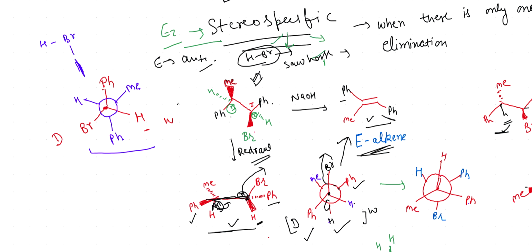So this is your upward direction, which represents the solid line. This is your downward direction, which also represents the solid line. These two represent the wedges, and these two represent your dashes. Just wait. This is carbon number 1.